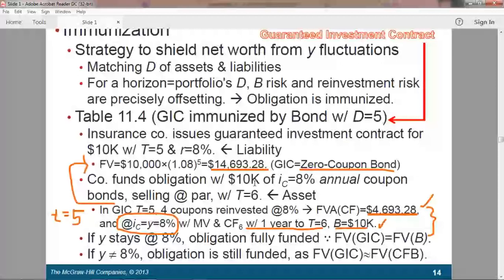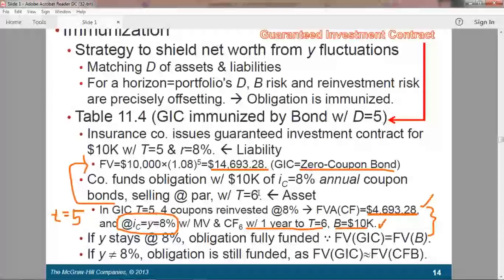That's your asset now. But then you might wonder, if the coupon rate is only 8%, and the coupon is reinvested at 8%, it will only be this in year 5.